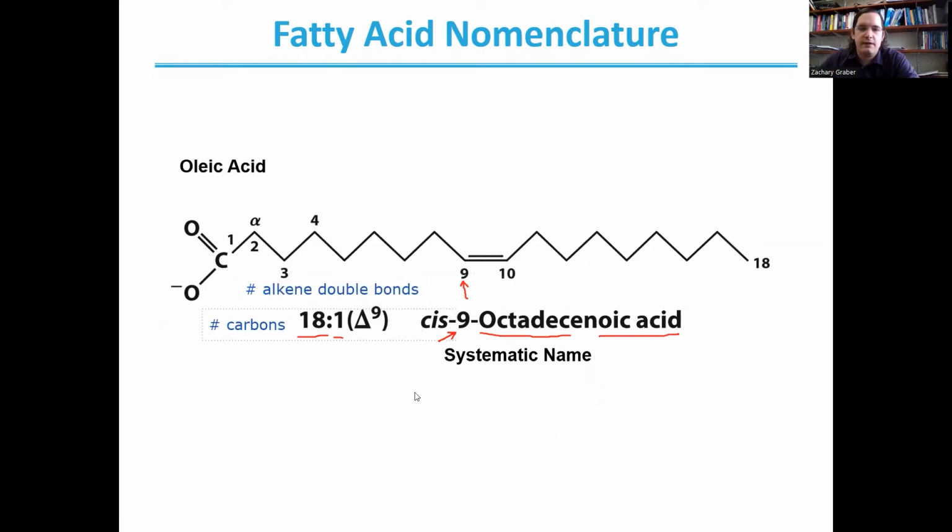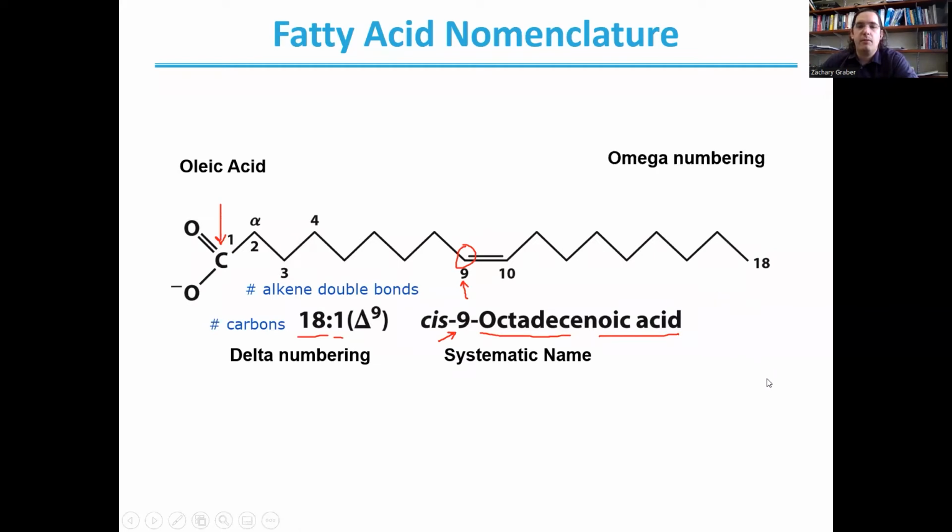And this delta symbol and our 9, so this is referring to the position of our double bond here. So we call this a delta numbering. If we count from the front of our carbon chain, where we have our carboxylic acid, we have our double bond at the 9th position. So delta numbering is just numbering from the front of our carbon chain.